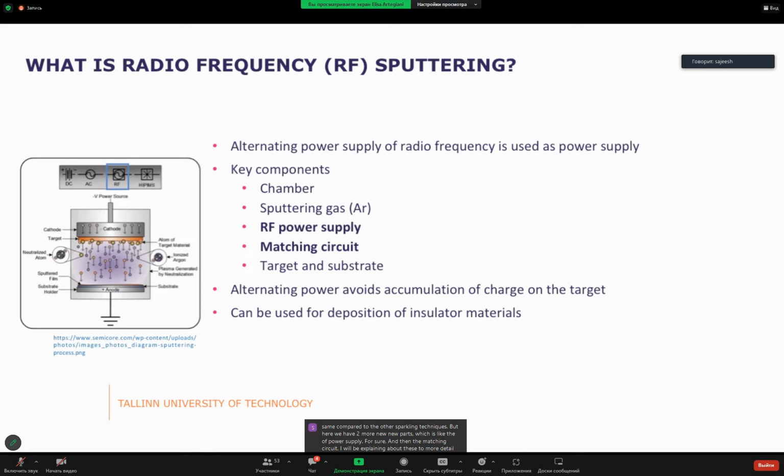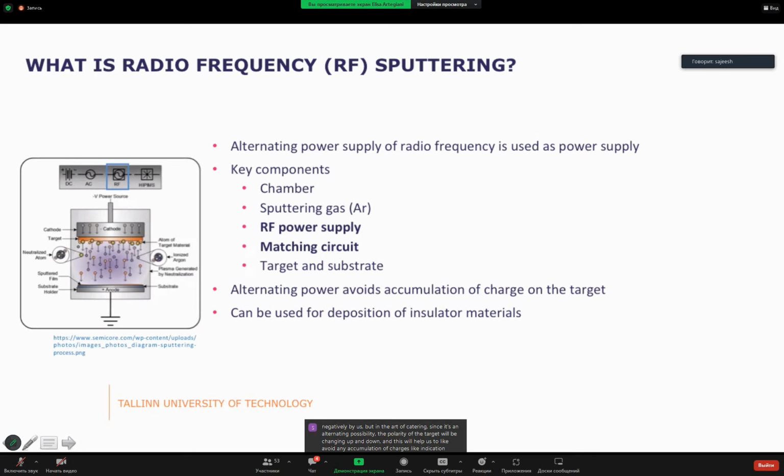In DC sputtering, the target is negatively biased, but in RF sputtering, since it's an alternating power supply, the polarity of the target changes up and down, and this helps us avoid any accumulation of charge.